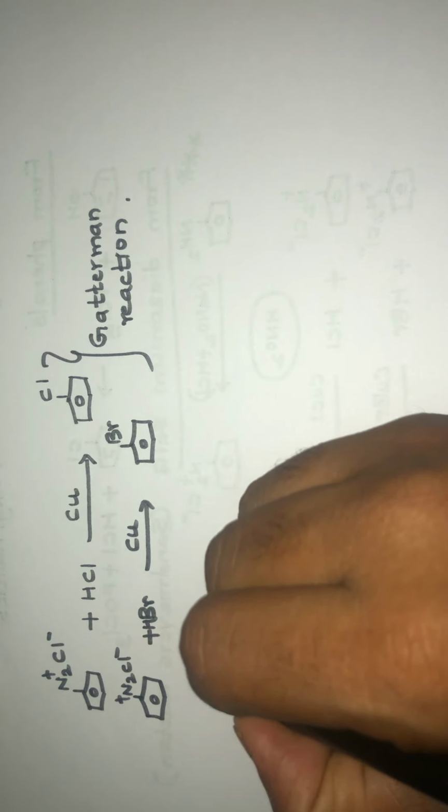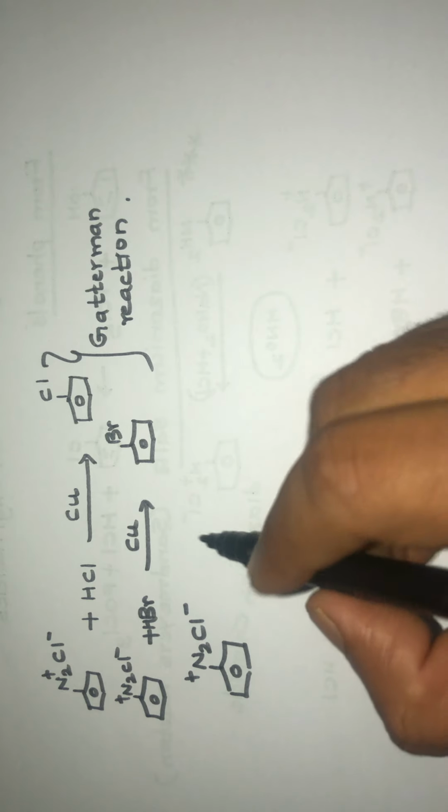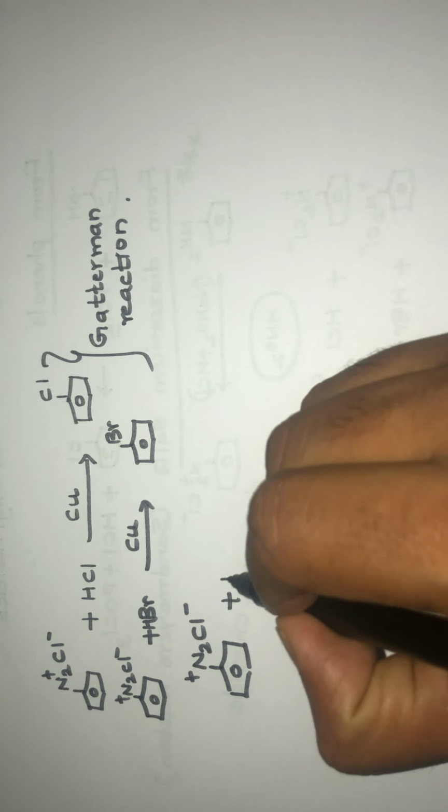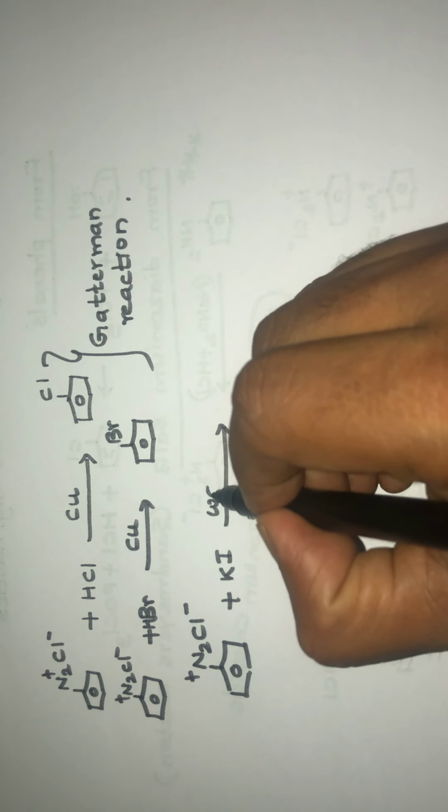Okay. If you want to prepare aryl iodides, take diazonium salt and just treat it with potassium iodide and simply warm it.